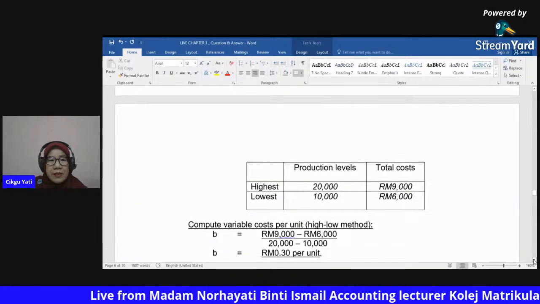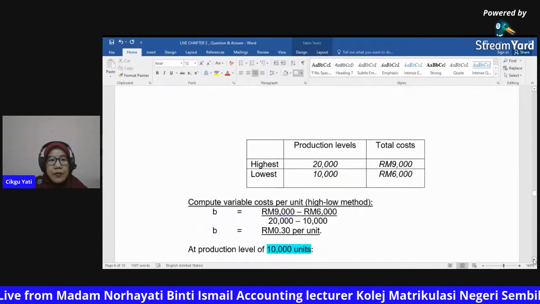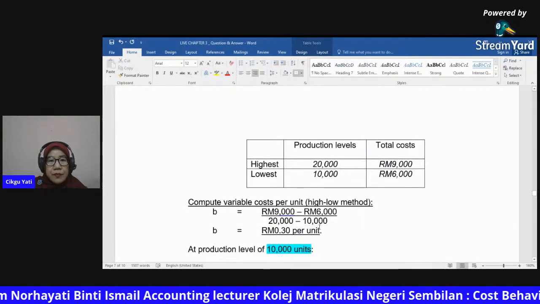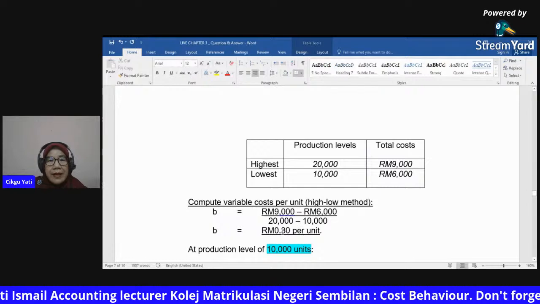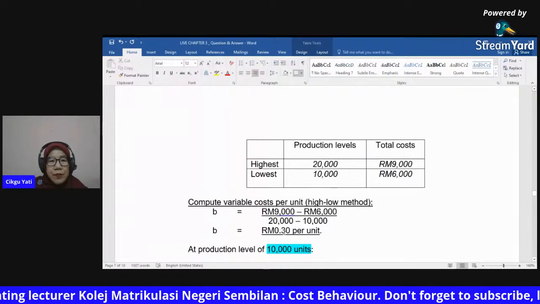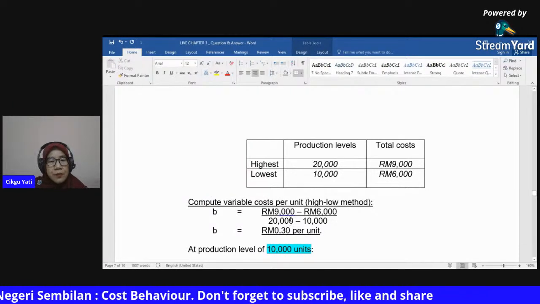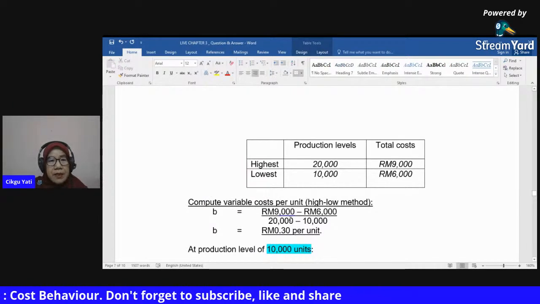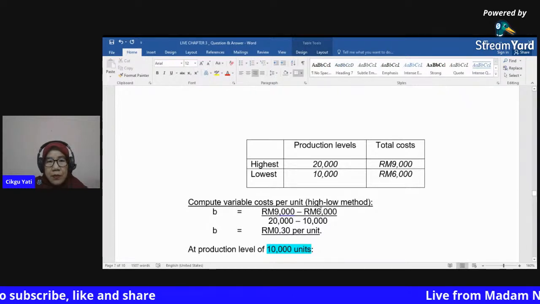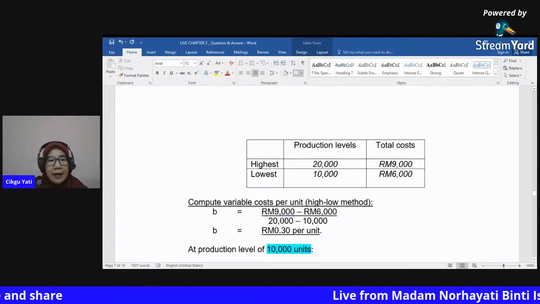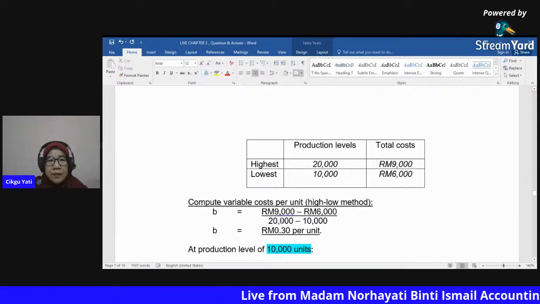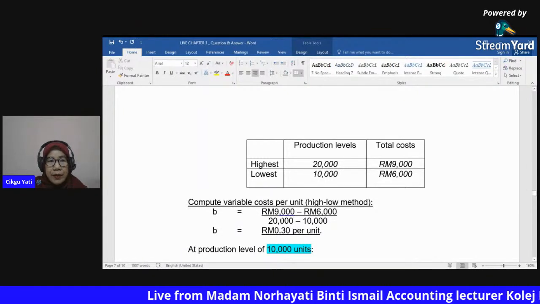And you substitute the amount. When you substitute the amount, you get RM 0.30 or 30 cents per unit. So you must remember the formula. The formula: highest cost minus lowest cost divided by highest unit minus lowest unit.